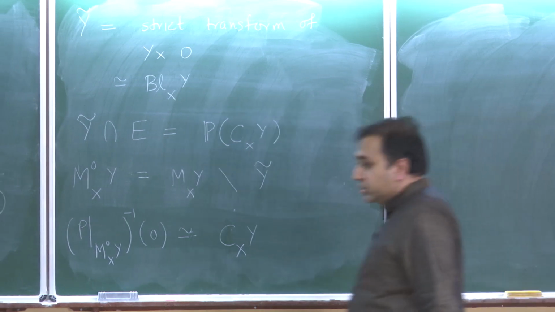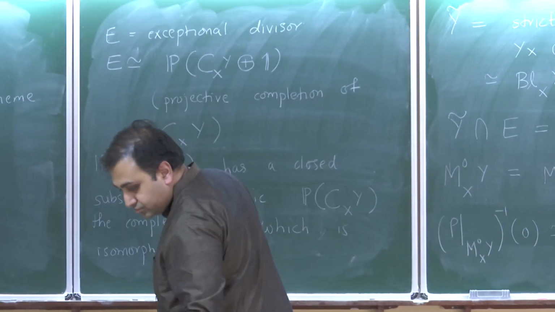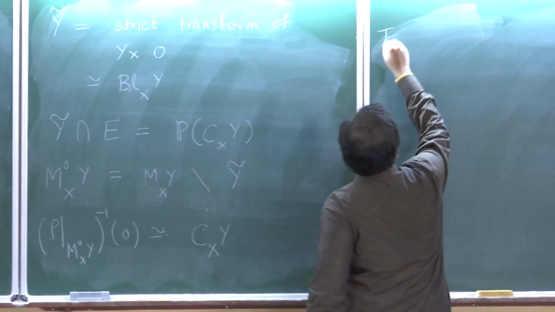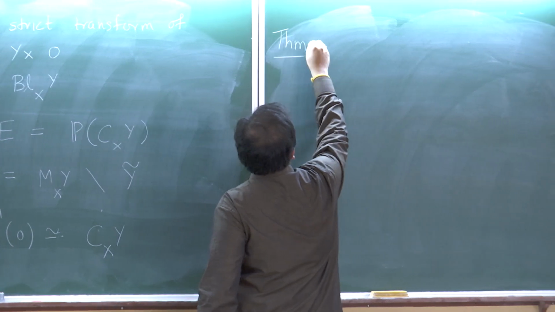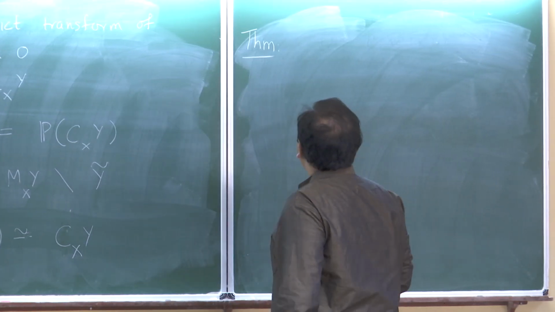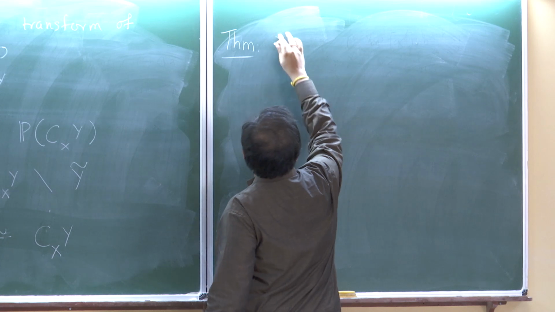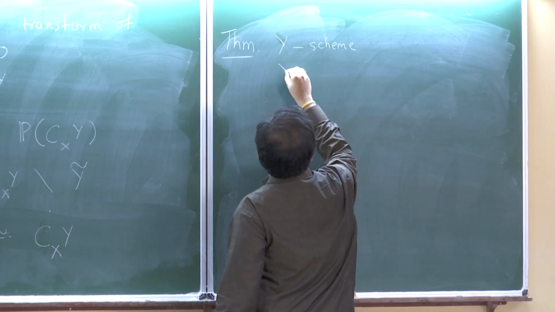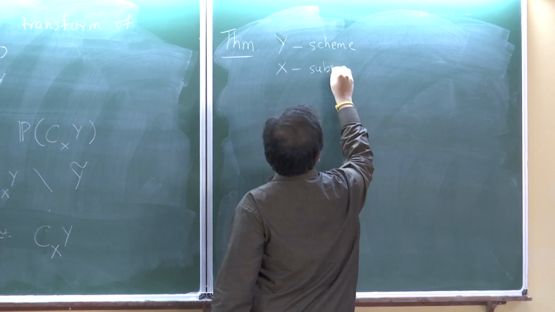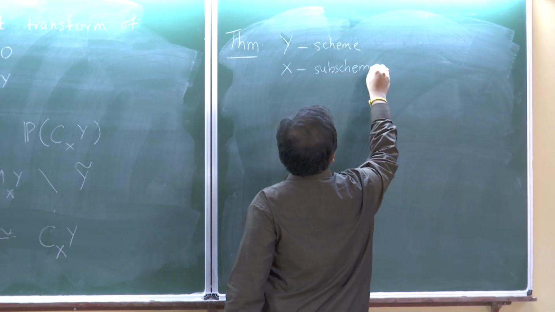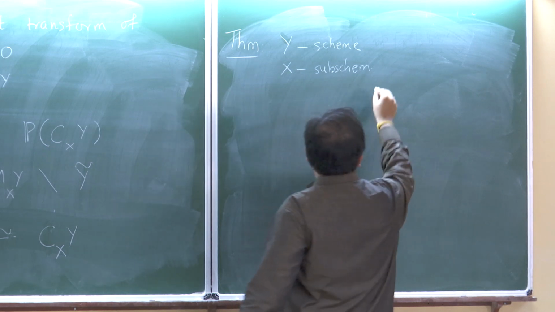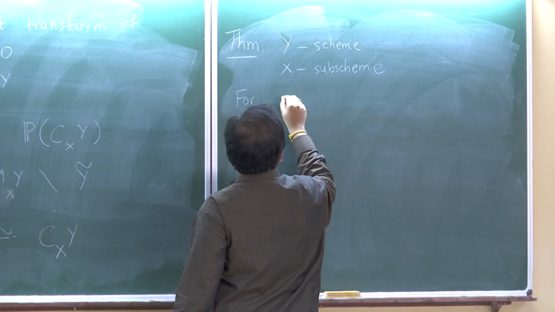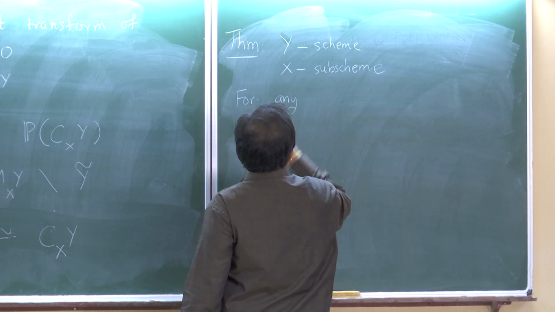Now the main theorem that I want to prove about this is as follows. As before, Y is a scheme, X a subscheme.